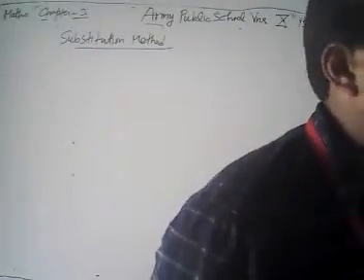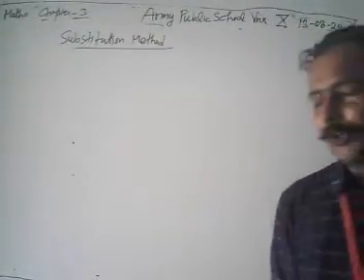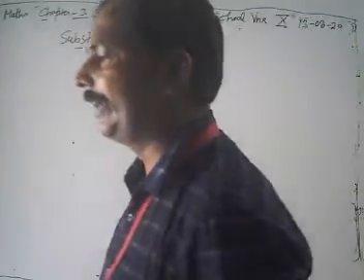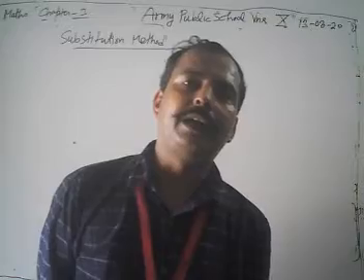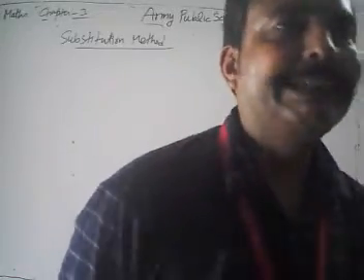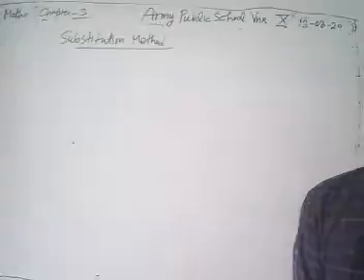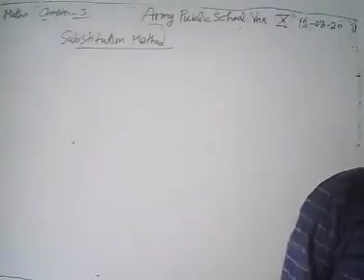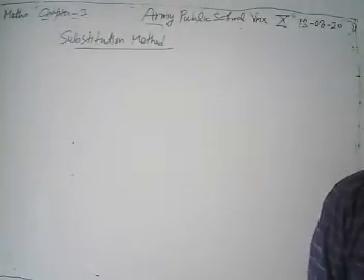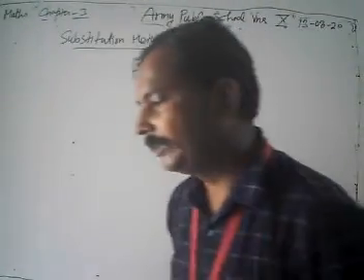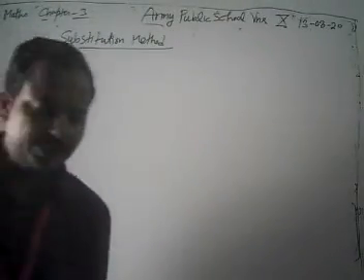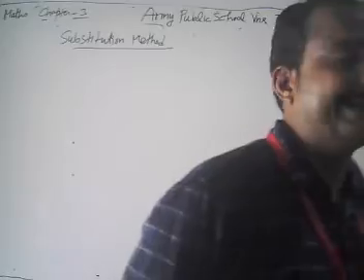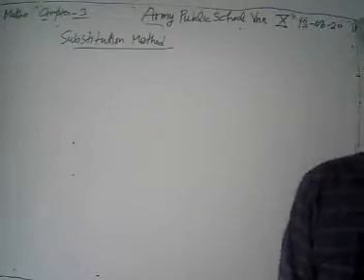From either equation, suppose from equation 1, we express the variable y in terms of x. Then we put the value of y in the second equation and solve it.